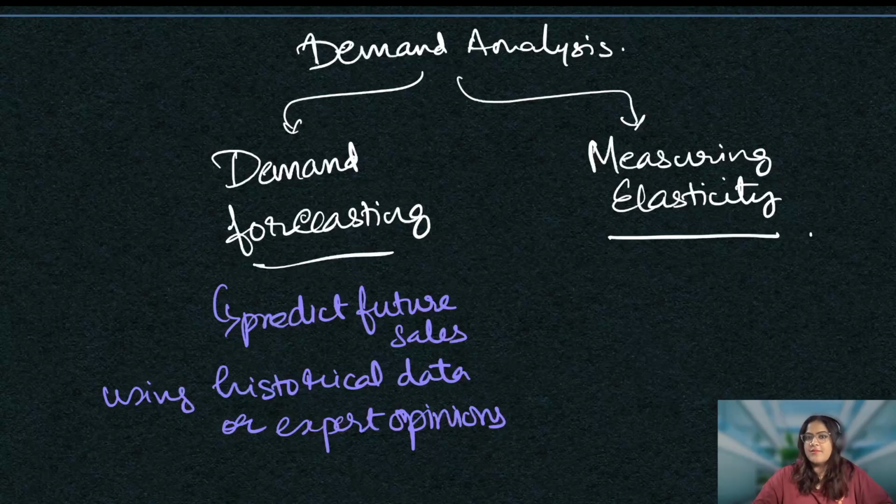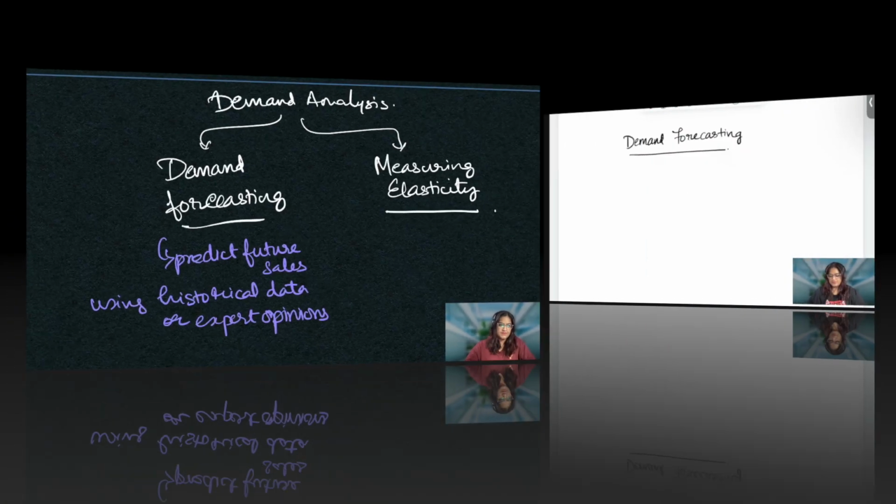But if a coffee shop increases the price of coffee, the chances of the quantity demanded reducing drastically is very high. So how the quantity demanded reacts, or how sensitive it is, to the change in price and other factors is called elasticity of demand.